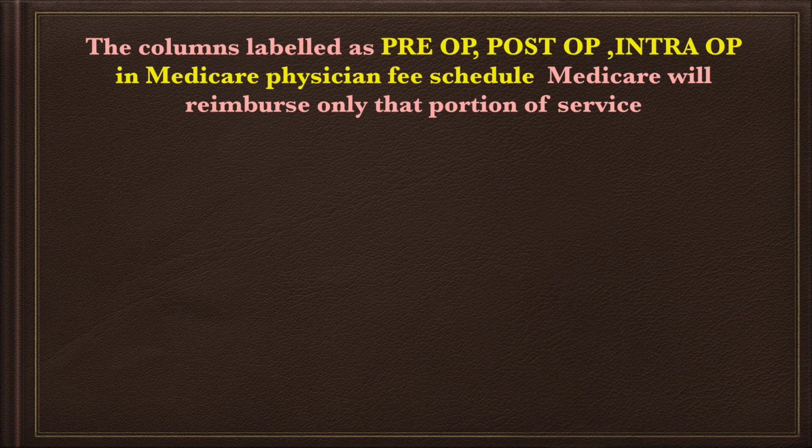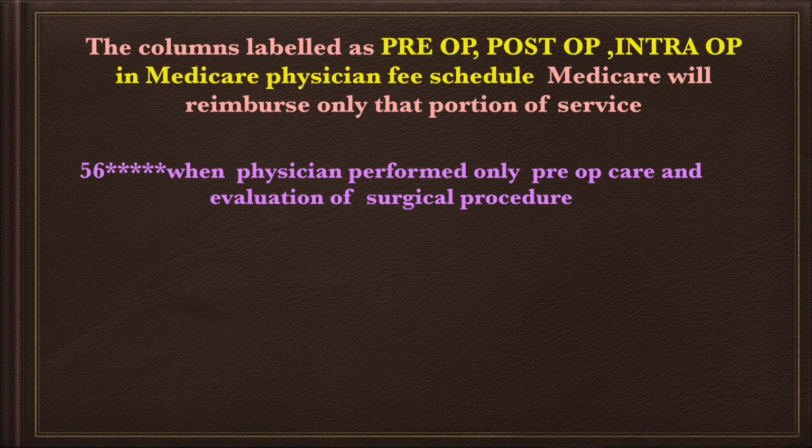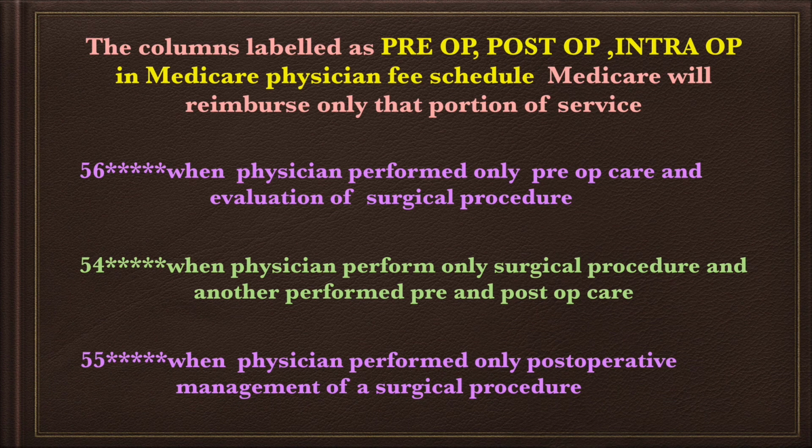We put modifier 56 when the physician performs only pre-op care and evaluation of a surgical procedure, 54 when the physician performs only the surgical procedure and another physician performs pre and post-op care, and 55 when the physician performs only post-operative management of a surgical procedure.